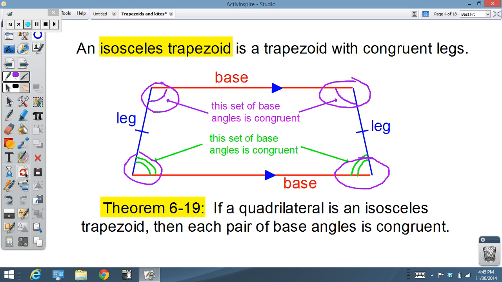Obviously the four are not congruent to one another, but each pair is congruent to itself. So here, those are congruent. Meanwhile, the top ones along the other base are also congruent. That's theorem 6.19. If a quadrilateral is an isosceles trapezoid, then each pair of base angles is congruent.